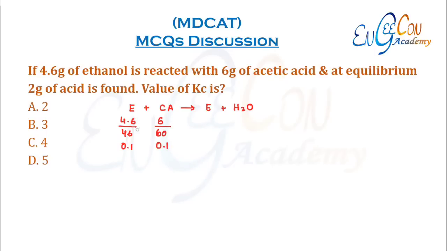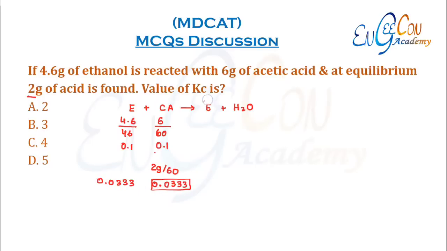Now at equilibrium the concentration of carboxylic acid is found by converting 2 gram into concentration. So 2 gram divided by 60 is equal to 0.0333. So this is its concentration at equilibrium. So the concentration of ethanol is also the same.